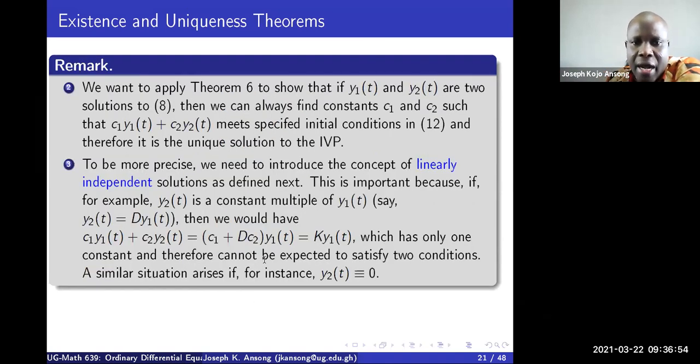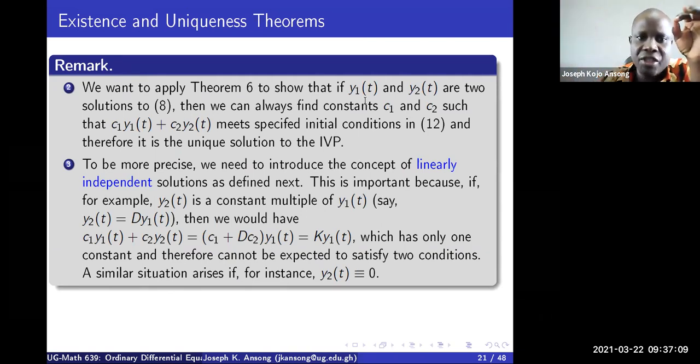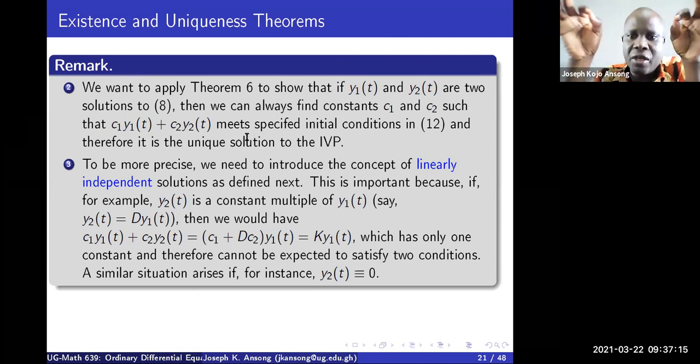Secondly, we want to apply this existence and uniqueness theorem to show that if I have two solutions, let's say y1 and y2, of the homogeneous equation, then we can always find constants C1 and C2 such that this linear combination will meet these special initial conditions in 12, and therefore it is a unique solution to the IVP.